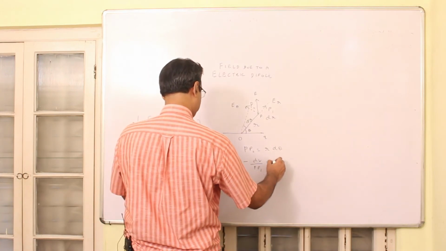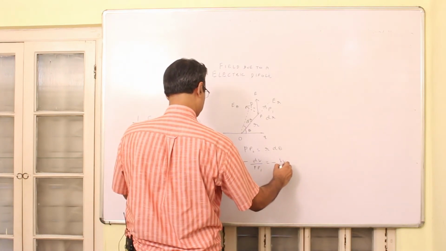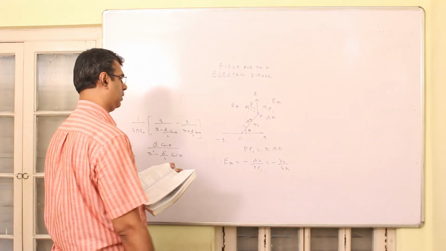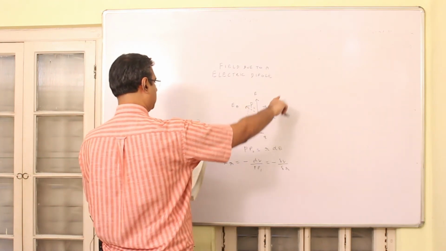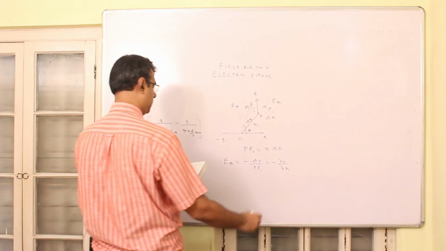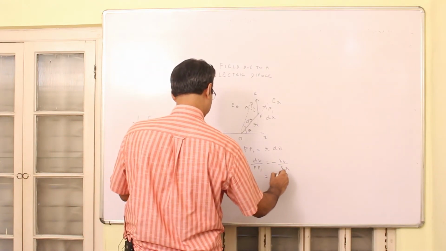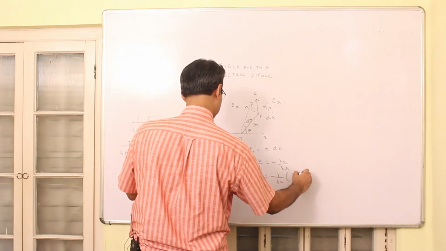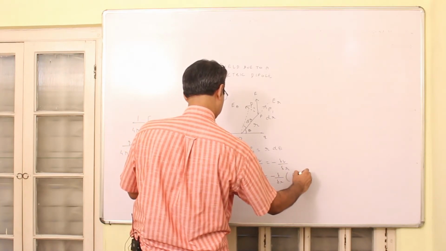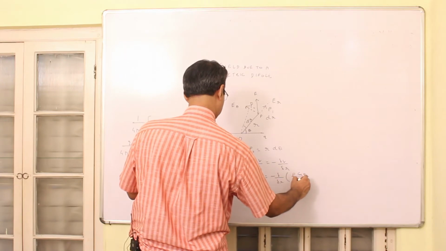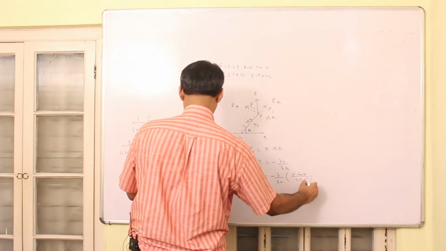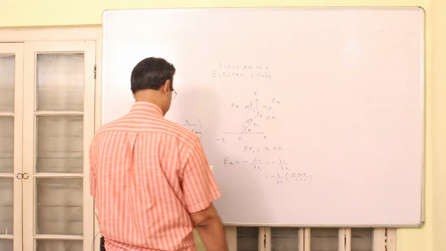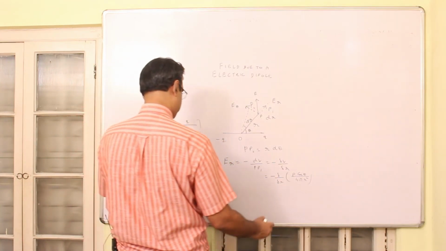So first of all, ER we can say is minus dV by PP1. Now when you are doing PP1, you know that PP1 is dr, but we will keep theta constant because along the line OP theta is constant. So it will be minus del V by del R. So we will get minus del by del R of P cos theta by 4 pi R square.